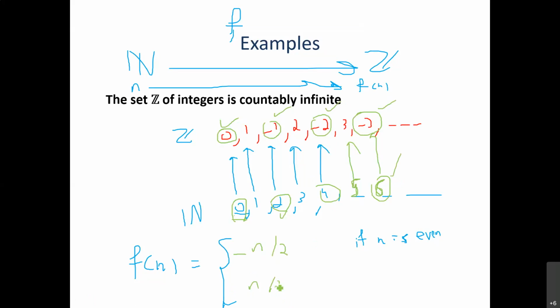Or is it just, let's see. So 1 gives me 1. For 3, I want it to give me 2. Yeah, but it has to be the ceiling of it.